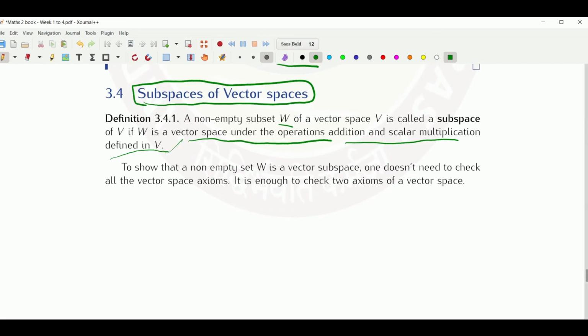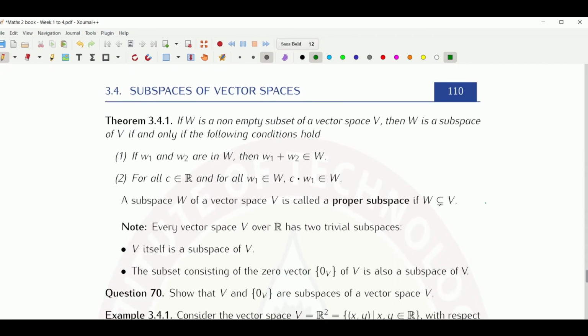To show that a non-empty set W is a vector subspace, one doesn't need to check all the vector space axioms. It is enough to check two axioms of a vector space. If W is a non-empty subset of a vector space V, then W is a subspace of V if and only if the following conditions hold.